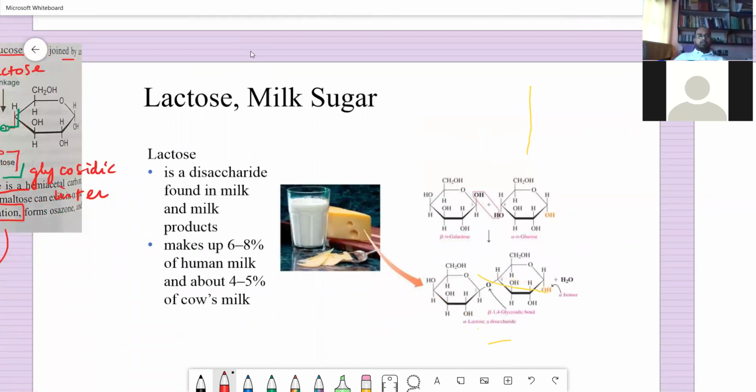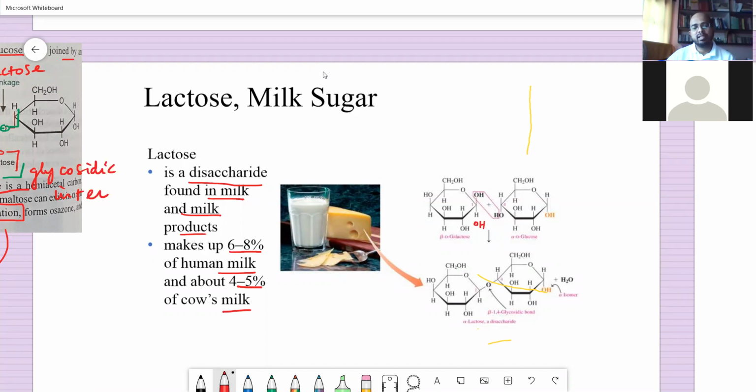The next molecule is the lactose molecule. The structure is given there. It is a disaccharide again, found in milk and milk products, and makes up to 6.8% of human milk and 4.5% of cow's milk. So here you can see, in the previous case, we had both OH on the same side.